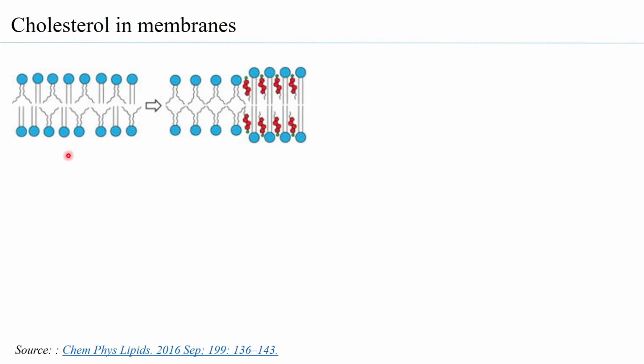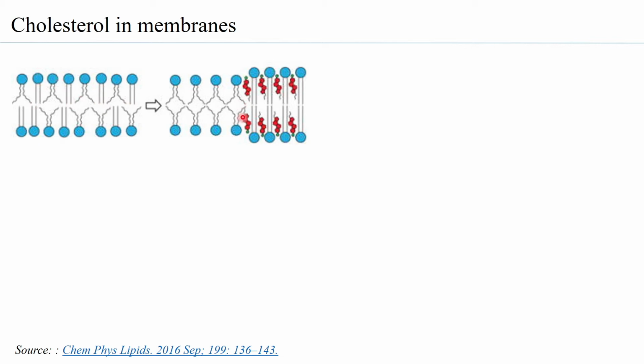Now again over here, when you have membranes made up of phospholipids and sphingolipids, and you add cholesterol into them, you will find that most of the phospholipids or sphingolipids which have saturated fatty acids will tend to bind more to the cholesterol.